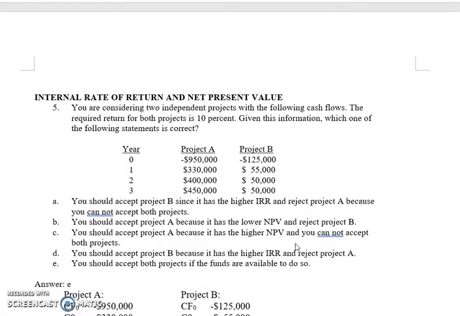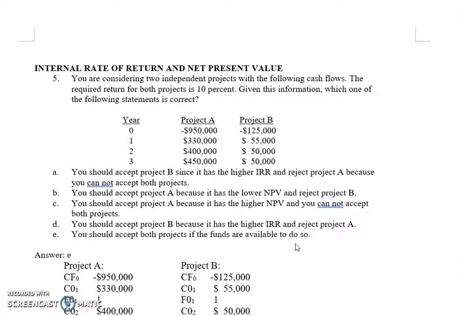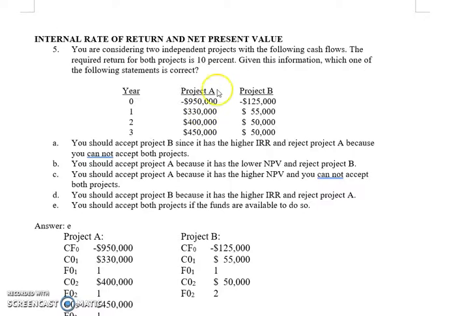Question 5 is about the IRR and NPV. Again, we have two projects, but here they are two independent projects. Independent projects means you might choose both. If that's the case, you can choose both.